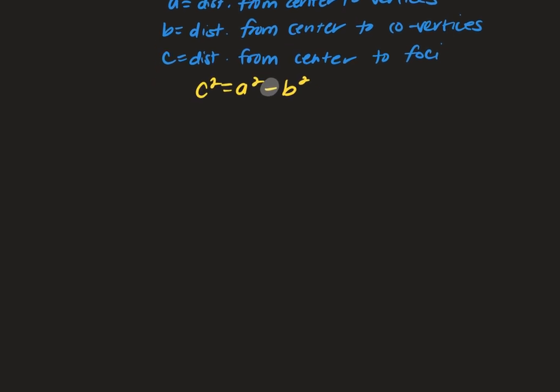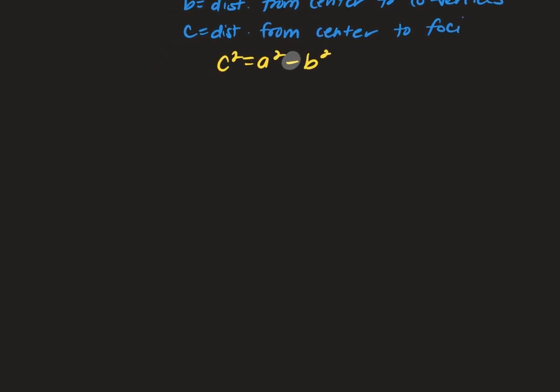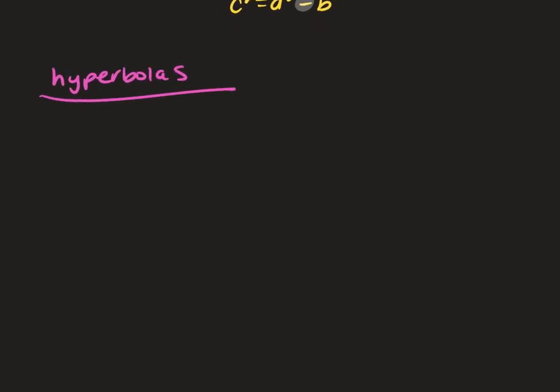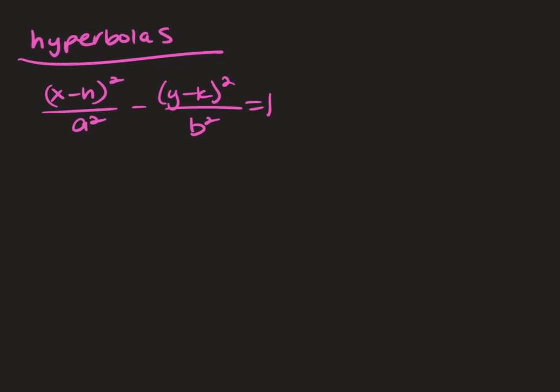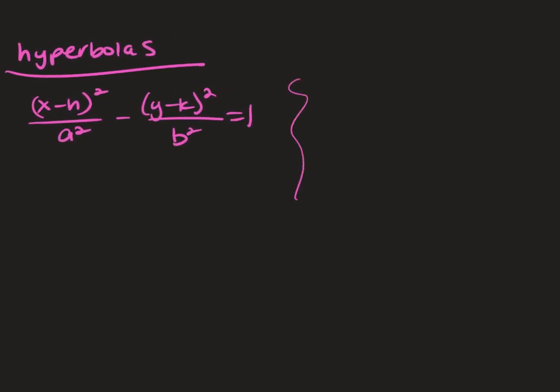Okay, and then the last one was your hyperbolas. So this time the A is first. The order is important here. If it's horizontal, then the X comes first. If it's vertical, then the Y comes first.